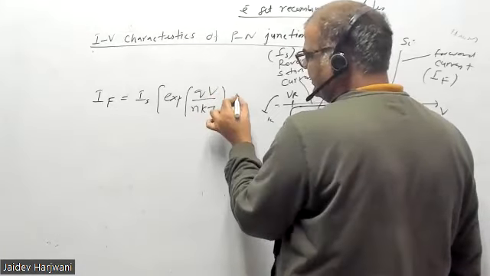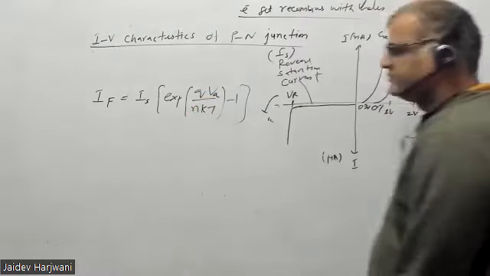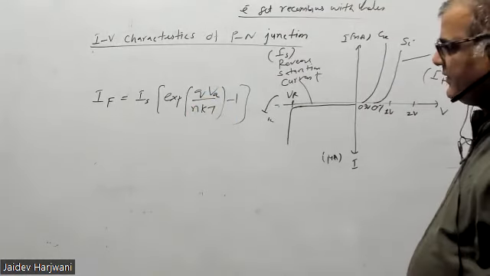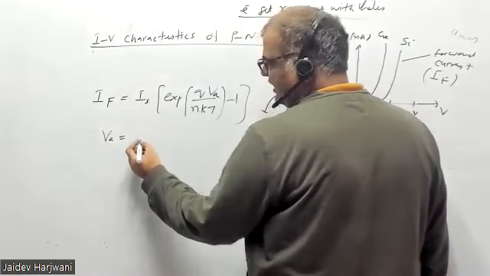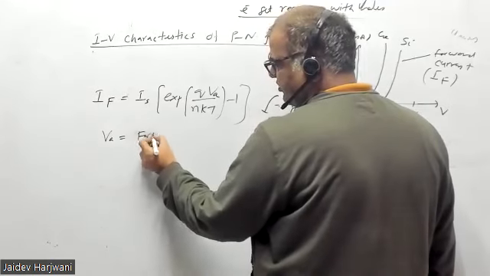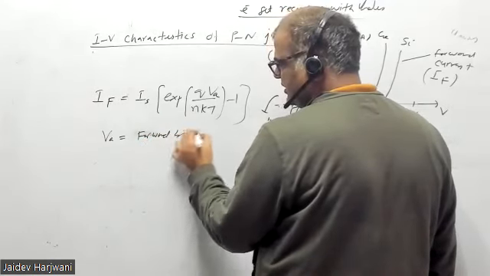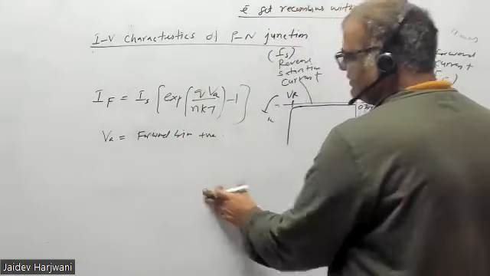When the applied voltage VA is positive, it is forward bias.